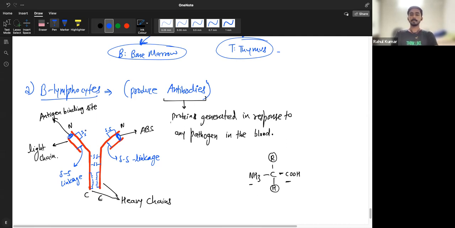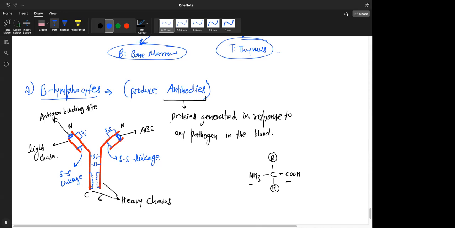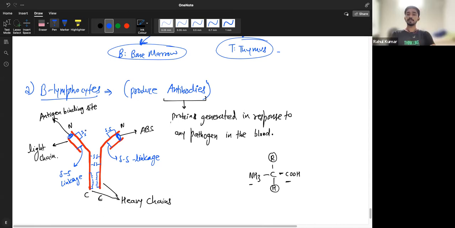Okay. Sir, the immune response will be slower because it will not be able to bind more antigen particles faster. Will it be slower or will there be no response at all? Think about it.